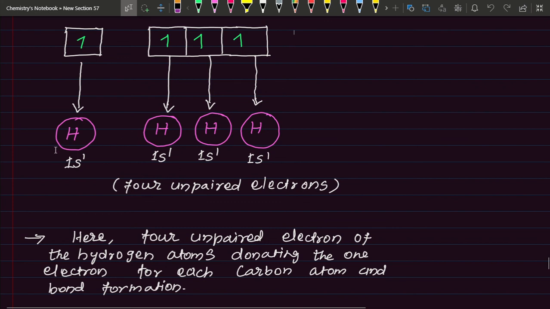Here all hydrogen atoms donate 1 electron to each carbon. So now all are paired. Here 2 electrons, here 2 electrons, here 2, here 2. Next.